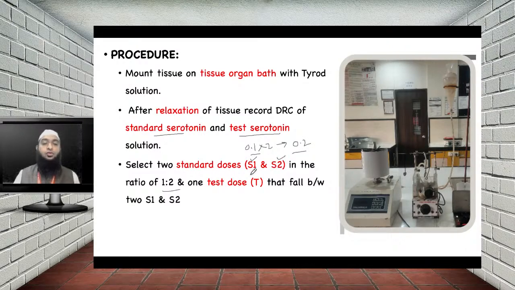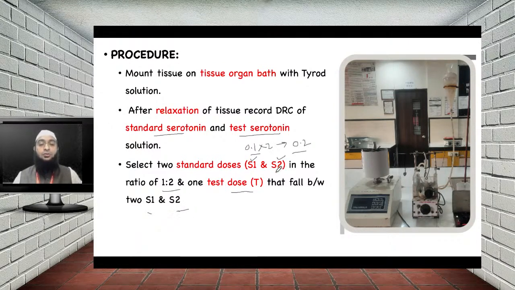So whatever dose you select for the standard, since it is a 3-point bioassay, going ahead with the experiment, you need to select 2 doses of the standard and 1 dose of test, okay. So 2 doses of the standard and 1 dose of the test, so it is a total of 3 doses you are going to select. So in the 3-point bioassay, you are selecting 3 doses, 2 of the standard and 1 of the test. And then you will be selecting 1 test dose that falls between S1 and S2.